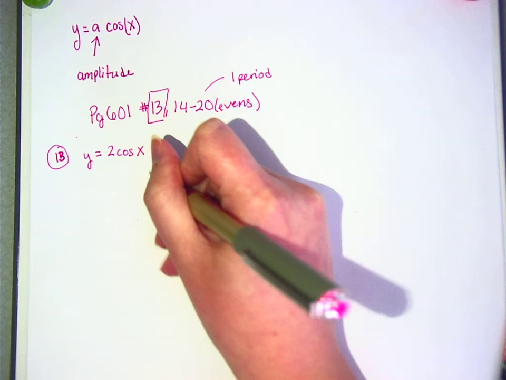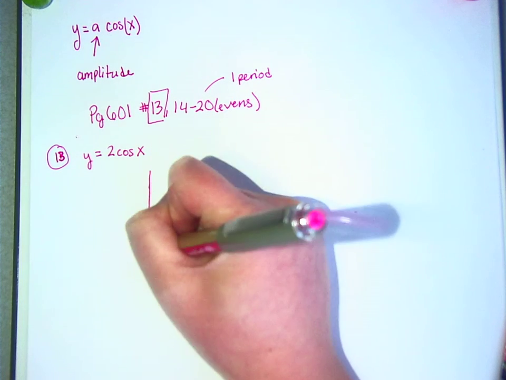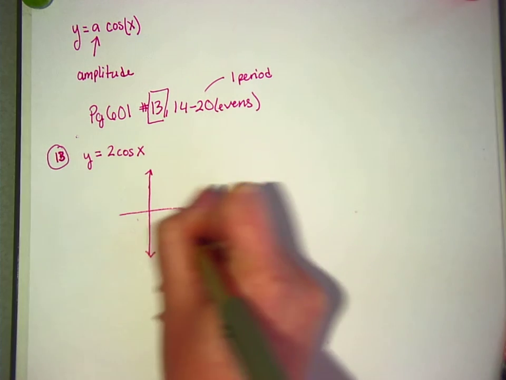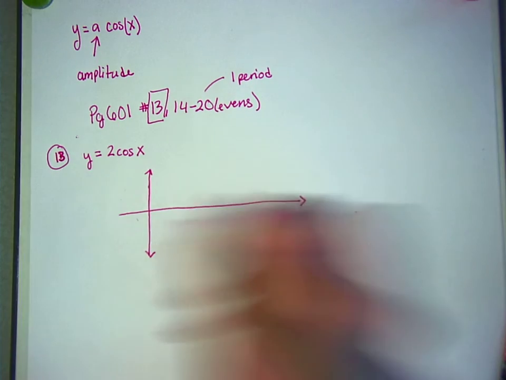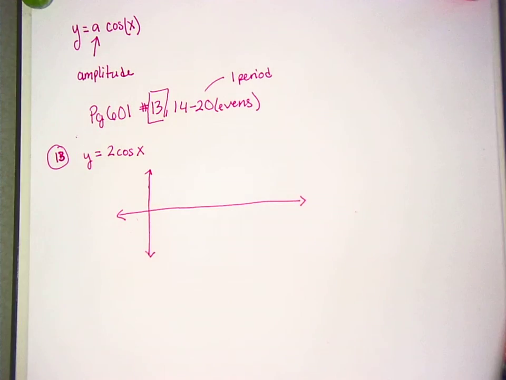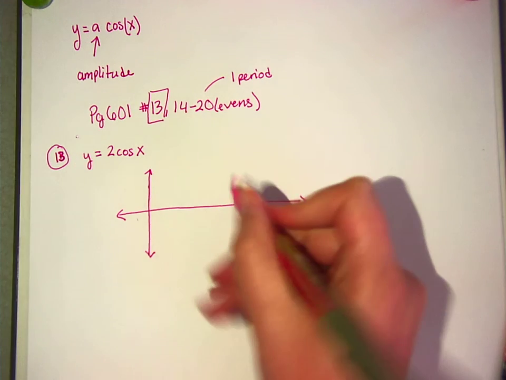Now, we pretty much did this one in our calculator already. But this is what more rough sketches will look like, which is what you're primarily going to be using. So what's half of a period?